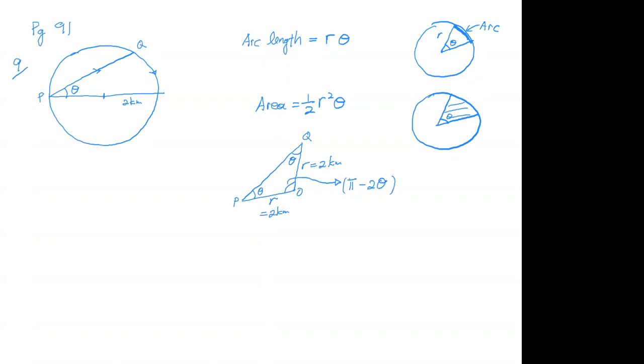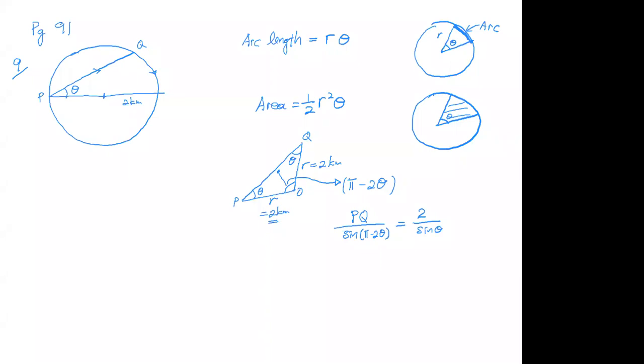So that means we have this called sine rule. Okay, this is the angle, this is the opposite side. So I have PQ divided by sin of the opposite angle, is equal to, if I take this 2 km, 2 divided by sin theta.